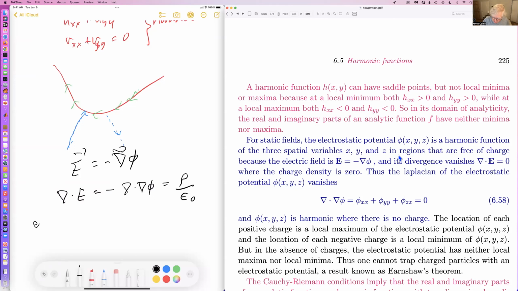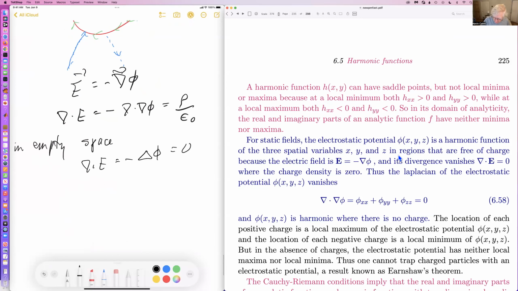So in empty space, del dot E, which is minus the Laplacian of phi, is actually just 0.